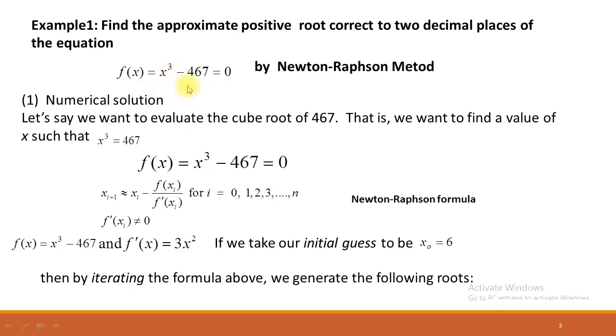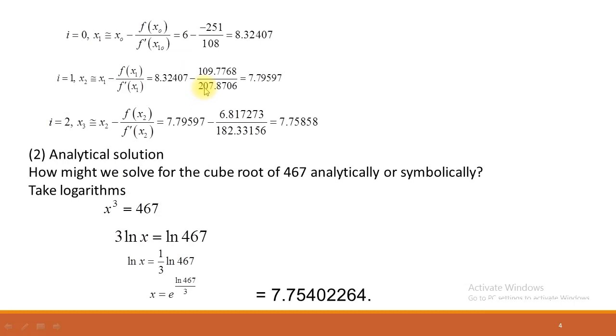You can find the exact solution of this nonlinear equation by easily taking the logarithm on both sides. First of all, write x cubed equals 467, then taking the log on both sides we get 3 log x equals natural log of 467, and this gives log x equals 1/3 log of 467.